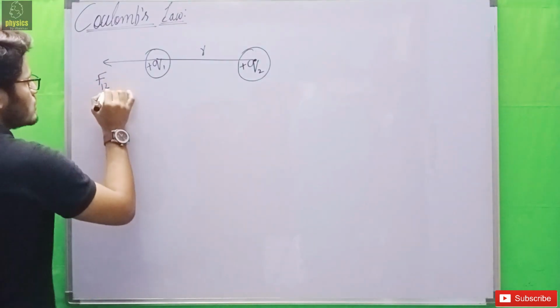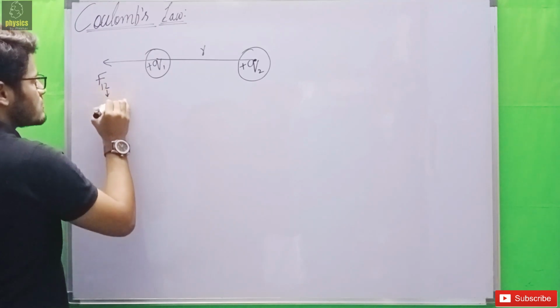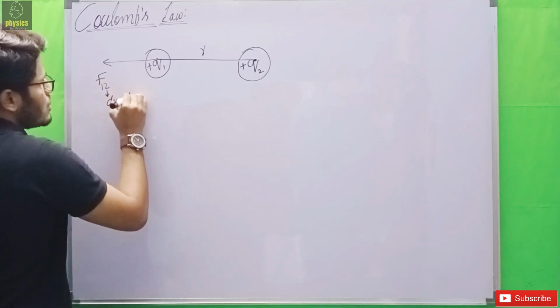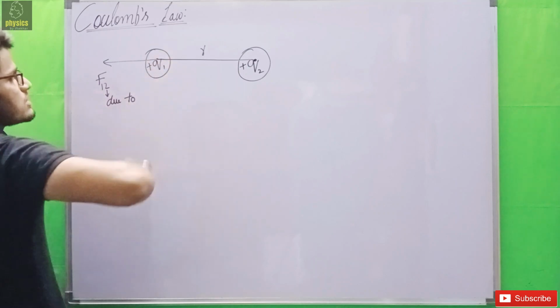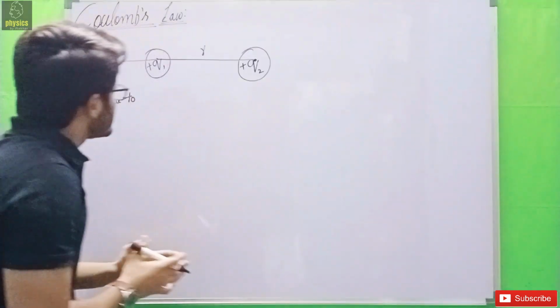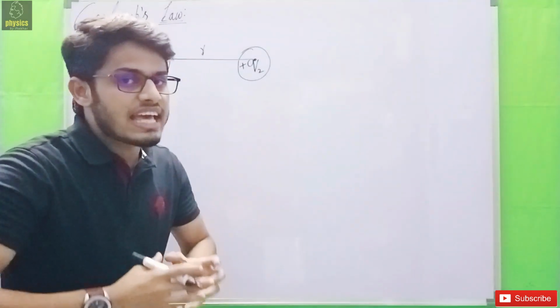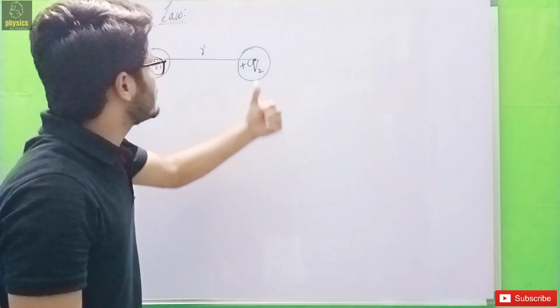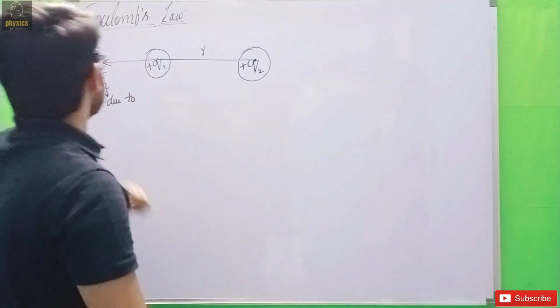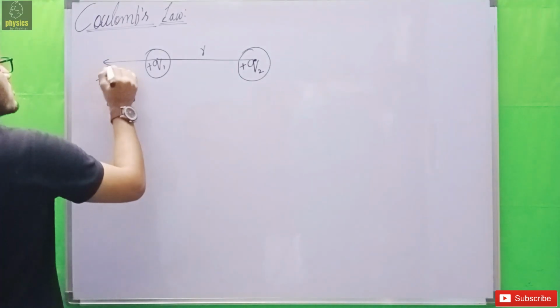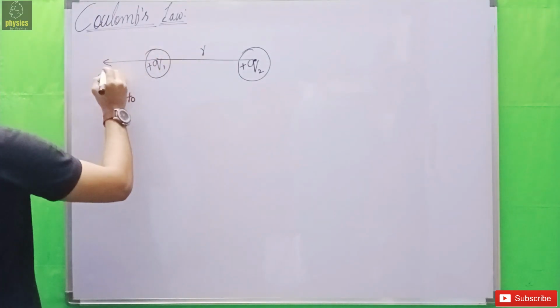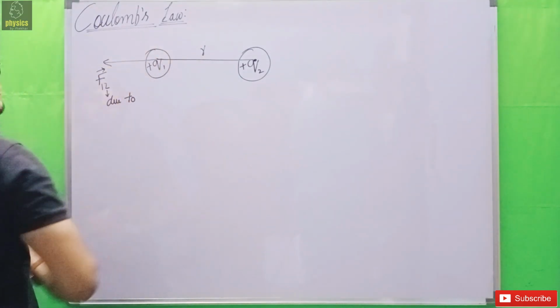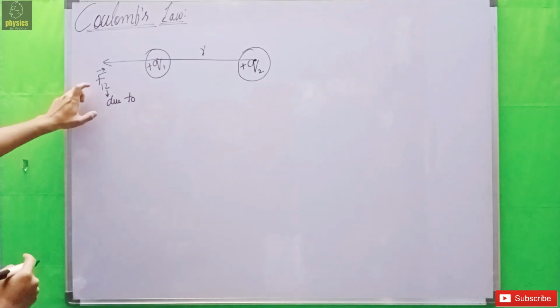The second number stands for the particle due to which the force is there. So charge 1 is experiencing force due to charge 2. This has a direction, and force is a vector quantity, so we can write it as F bar.